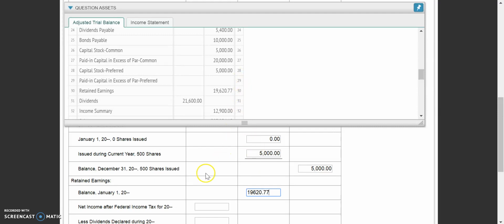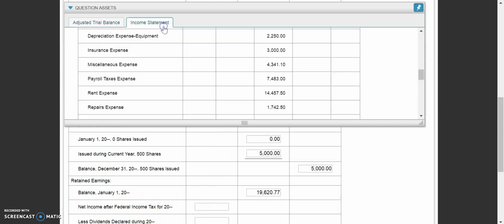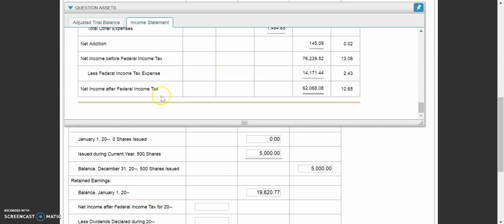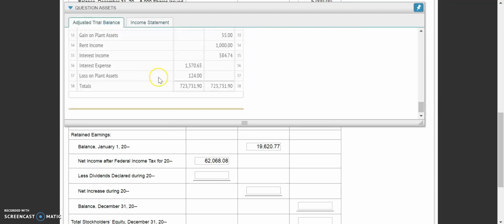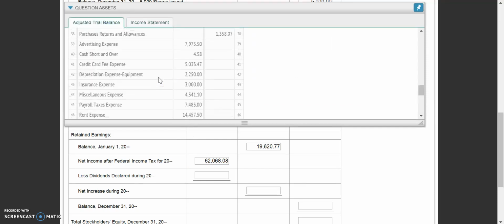Then we need to get our net income after federal income tax for the year. We go to our income statement and scroll to the bottom, and our net income was $62,068. Then we have to subtract out any dividends that we may have paid during the year. We go back to our adjusted trial balance and find our dividends.